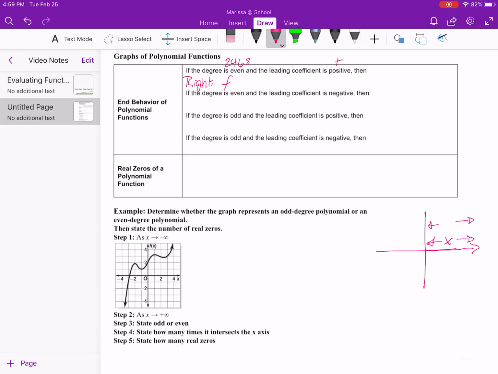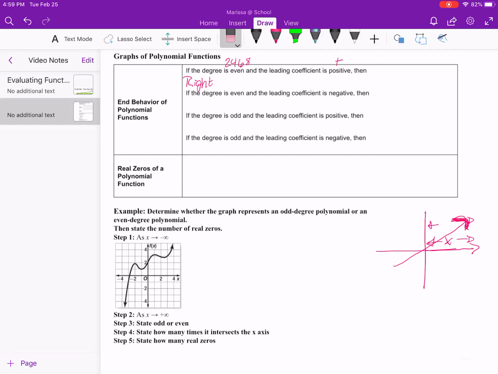As our function is approaching positive infinity, we're looking at the right side. I still wrote this backwards.